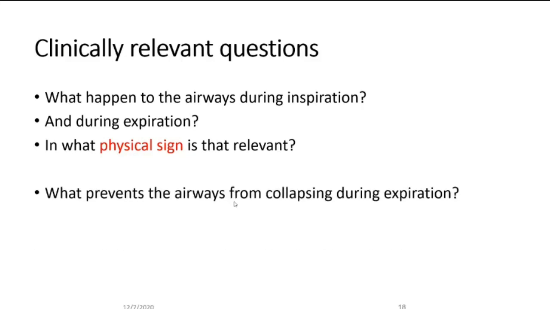What prevents the airways from collapsing during expiration? Cartilage, in the big airways. But in the small airways, what prevents them from collapsing? Surfactant is present. The elastin in the alveolar walls creates direct traction.